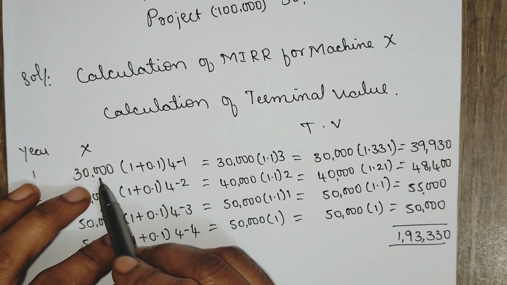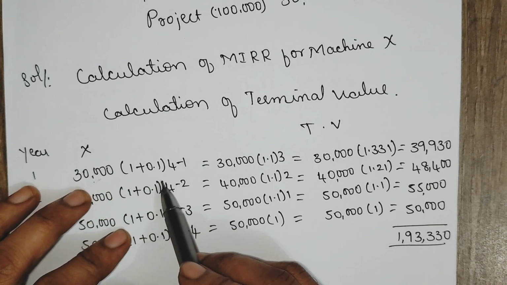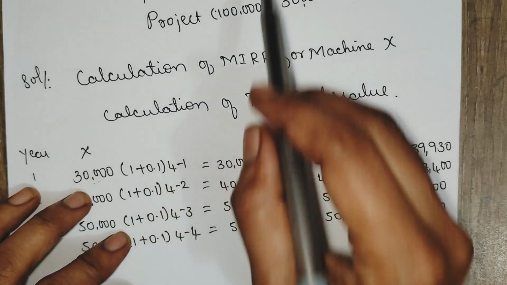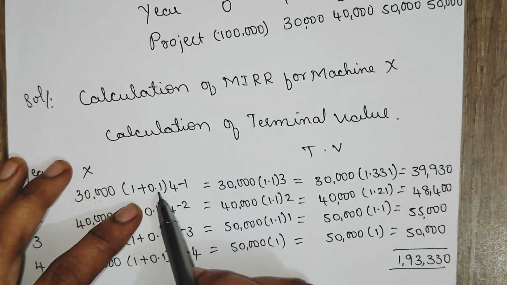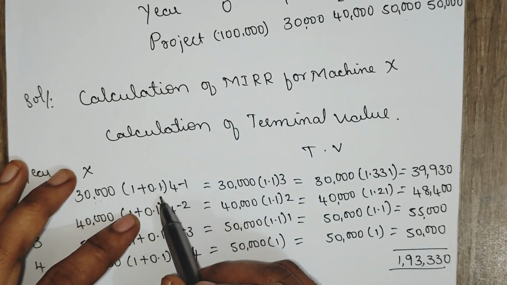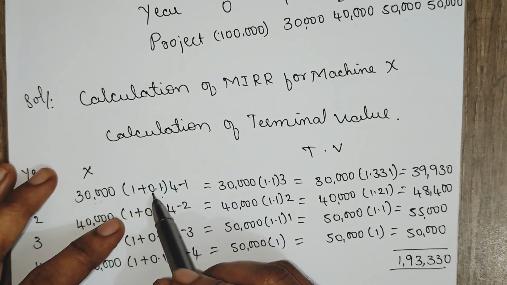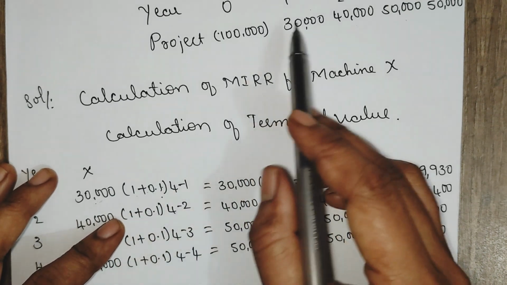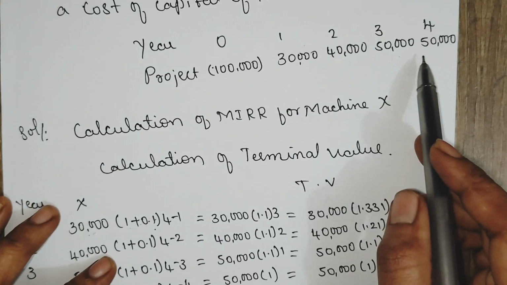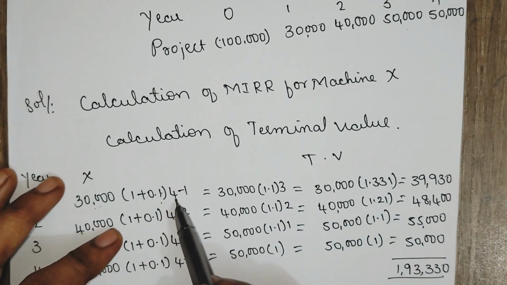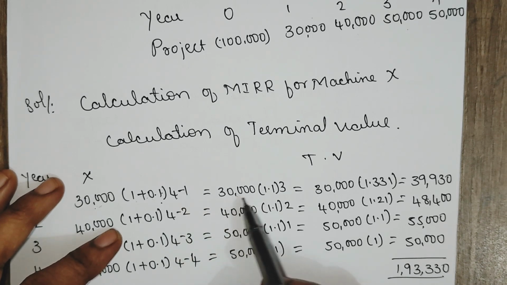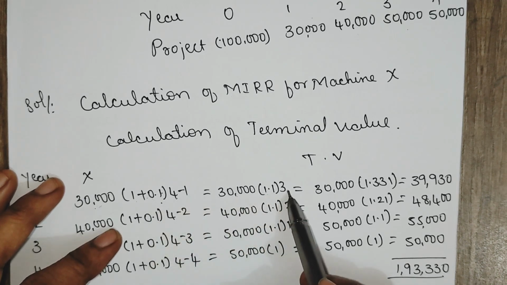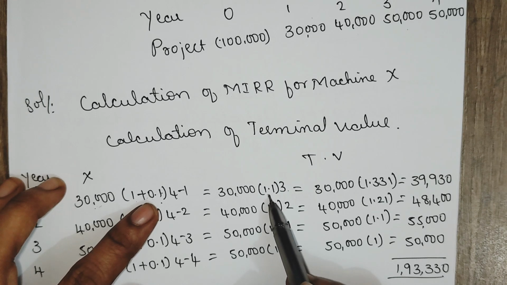First year cash inflow is 30,000, and the discount factor K is the cost of capital, that is 10%. We convert it into decimals, 0.1, for each rupee. So 1 plus 0.1, and we have 4 years of cash inflow, so the number of years is 4. 4 minus 1 is 3, and 1 plus 0.1 is 1.1.